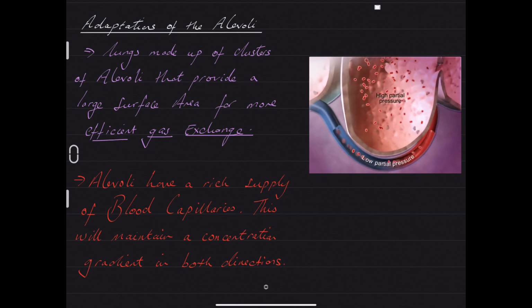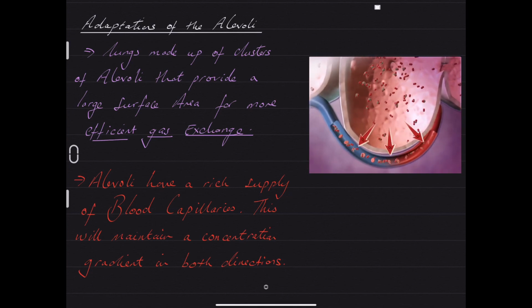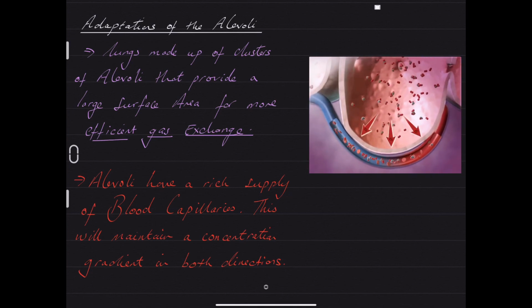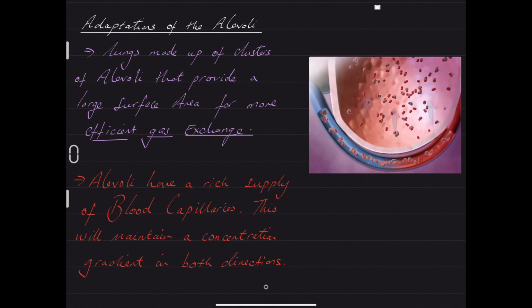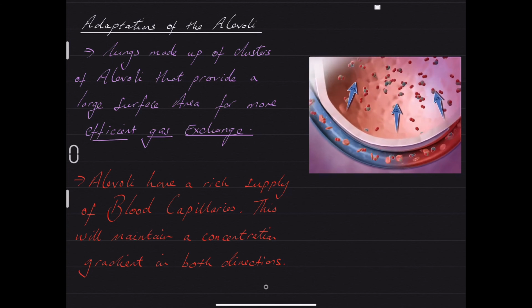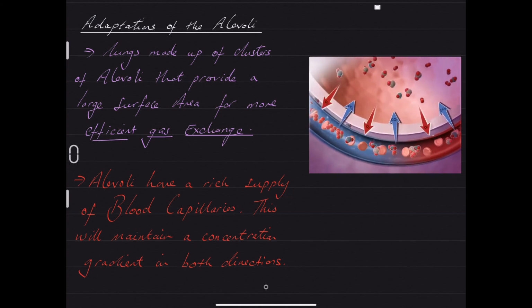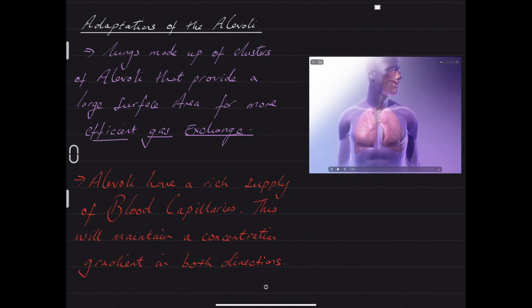So the lungs are made up of clusters of alveoli. And you can see on this simulation how these clusters are grouped together. And you can see the alveoli with the blood capillaries also there.